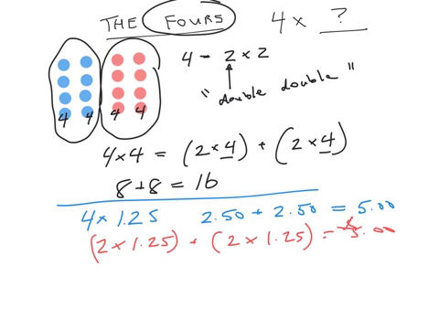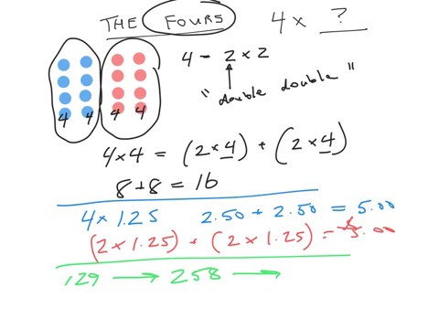So I've said that double 129 is 258. Now I want to double that again because I want 4 times 129, or 4 groups of 129. So 258 doubled: 200 doubled is 400, 50 doubled is 100, 200 plus 100 is 300, and 8 doubled is 16.